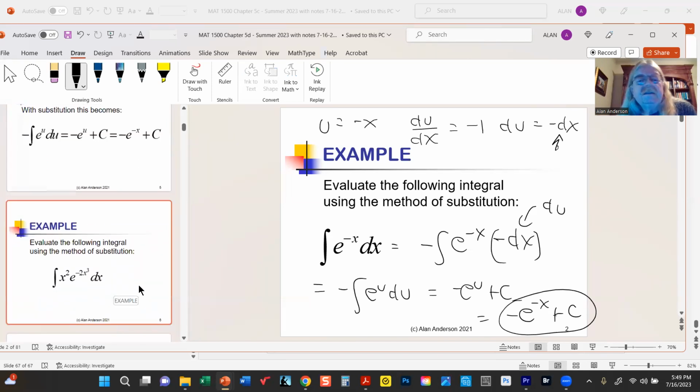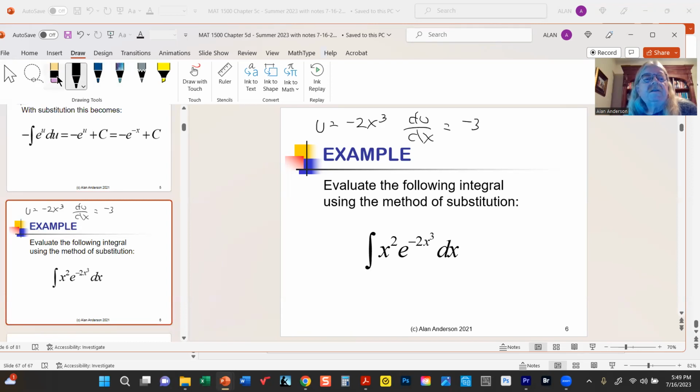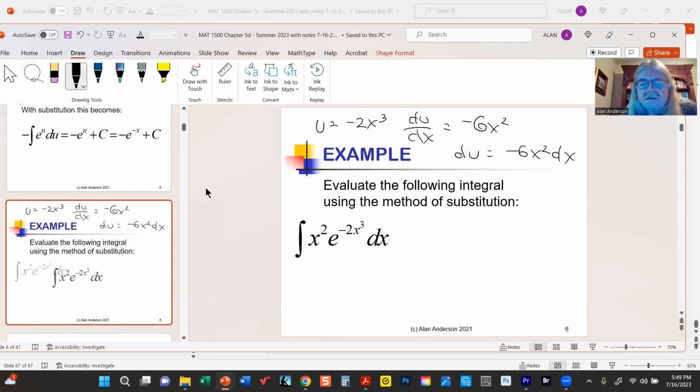How about this one? Is this a candidate for u substitution? Let's find out. Let's try u equals minus 2x cubed. That means our derivative is minus 6x squared. So du is minus 6x squared dx. So this expression seems to be missing a constant for our du.